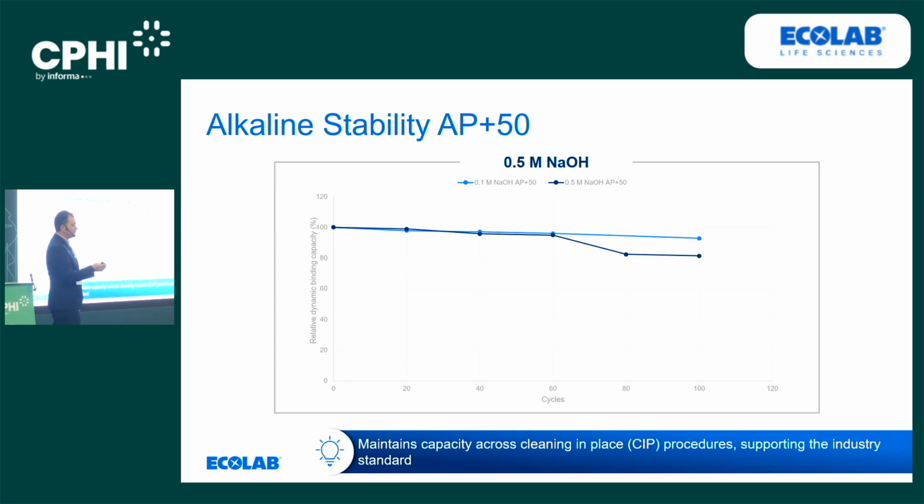As you can see, for the 0.5 molar, obviously this is in more harsh conditions, and proteins sometimes can suffer in those CIP conditions. We still remain at about 60 hours with 0.5 molar. We normally recommend about 15 minutes contact time for every CIP cycle. So if you think about, let's say, 60 hours, that accounts for more than 100 cycles.